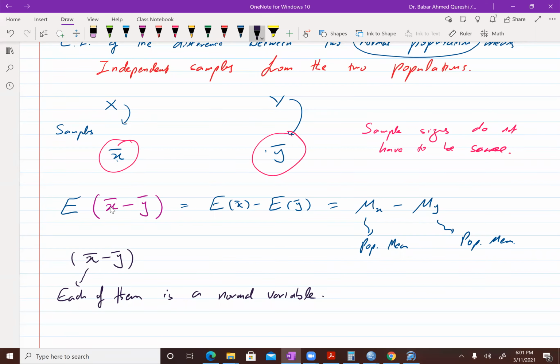That's just our central limit theorem: if the population is normal, no matter what the sample size is, the sample mean is a normal variable. So X bar is a normal variable, Y bar is a normal variable. And we know that if we take a difference of two normal variables, then this difference is also a normal variable.